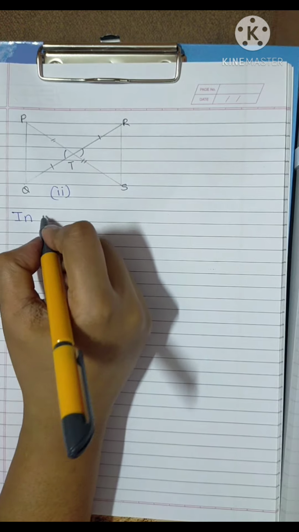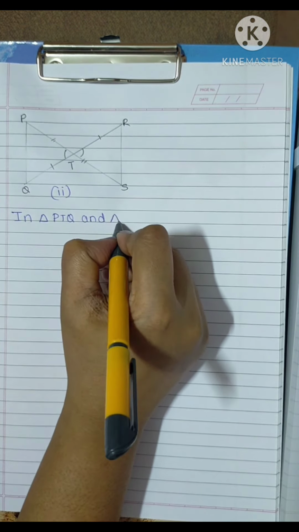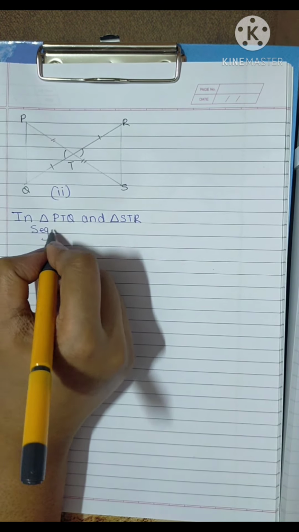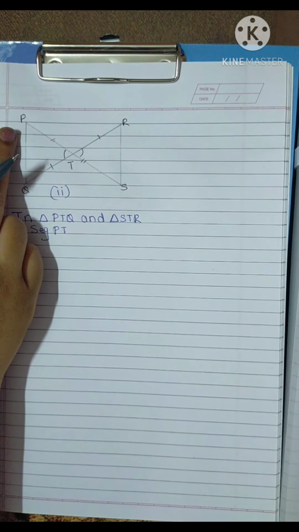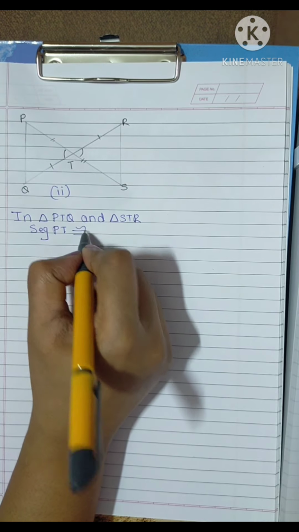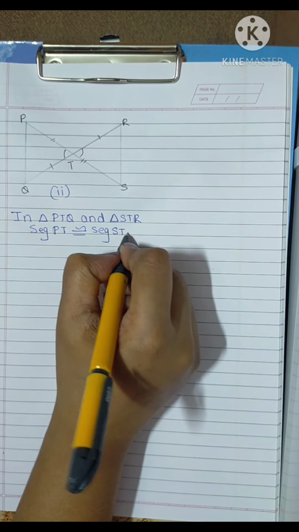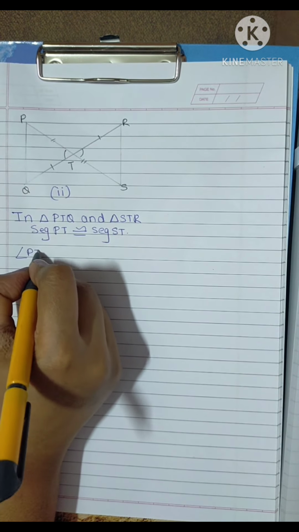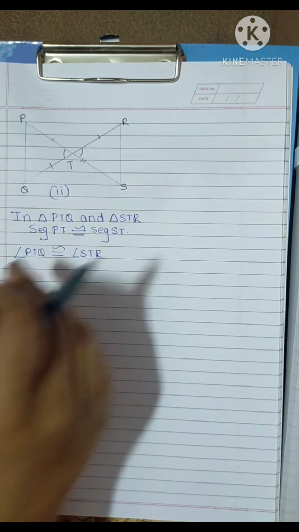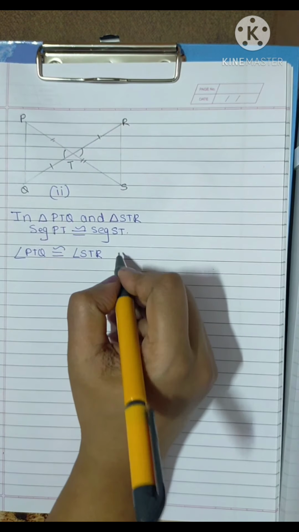In triangle PTQ and triangle STR, the given conditions are: segment PT is congruent to segment ST, and angle PTQ is congruent to angle STR.